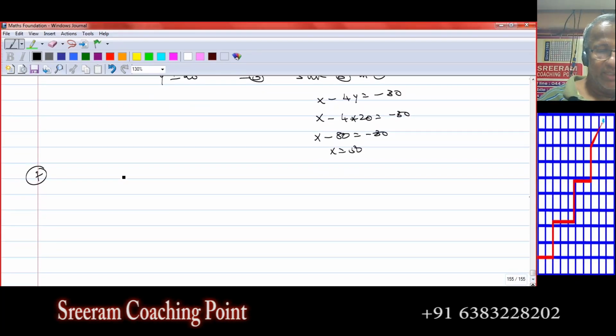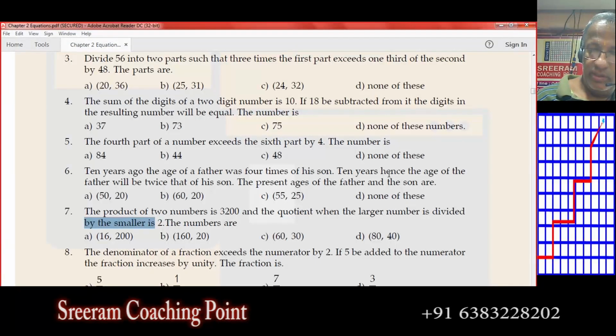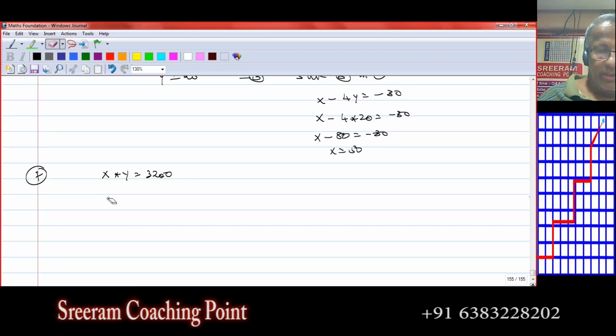Now let us take up x into y equal to 3200. Larger number when divided by smaller number is 2. I assume that the larger number is x, divided by y is equal to 2. So x equal to 2y.